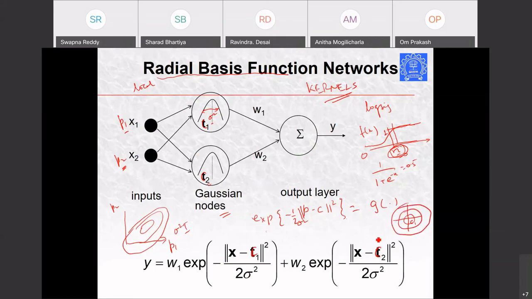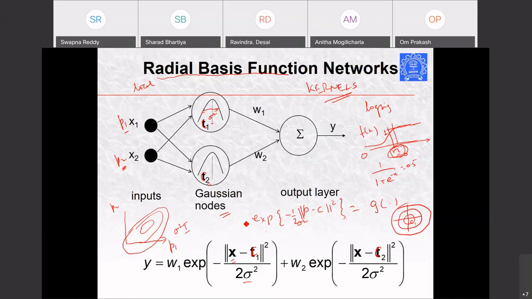You can think of this Gaussian node as having this property: when the input P or X is very close to the center, it gives you a non-zero output. But when it is away from that center, it gives you a zero, because it decays very quickly, depending on the value of sigma that you choose.